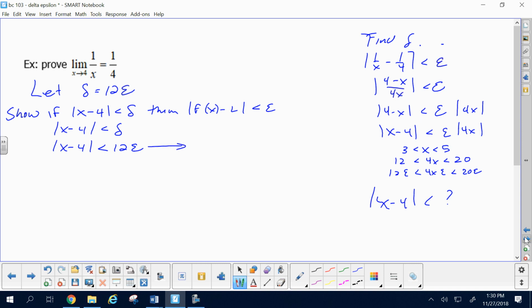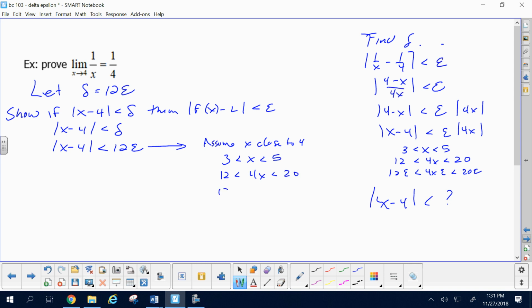Side note, assume x is close to 4. So let's go within 3 and 5. I understand it's tedious to write the same thing over again, but again, it's final draft versus rough draft. 4x.